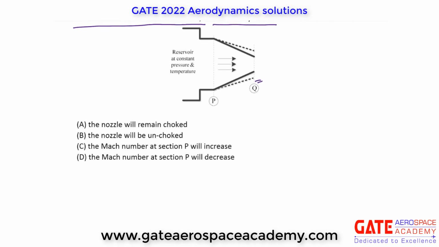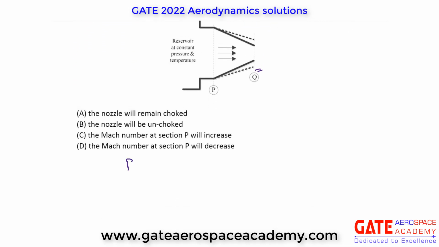For choked flow, the pressure ratio P naught by P star is equal to (gamma plus 1 by 2) raised to the power gamma upon gamma minus 1. If we put gamma equal to 1.4 for air, we get P naught by P star equal to 1.89.